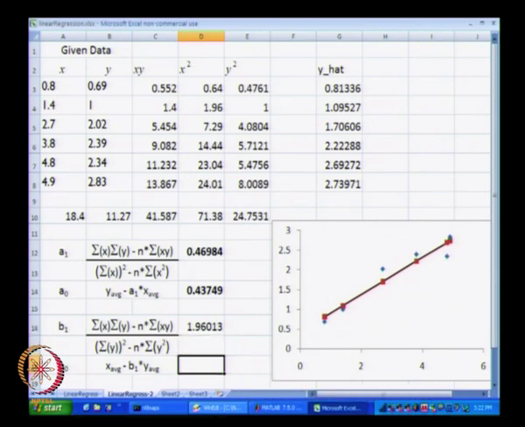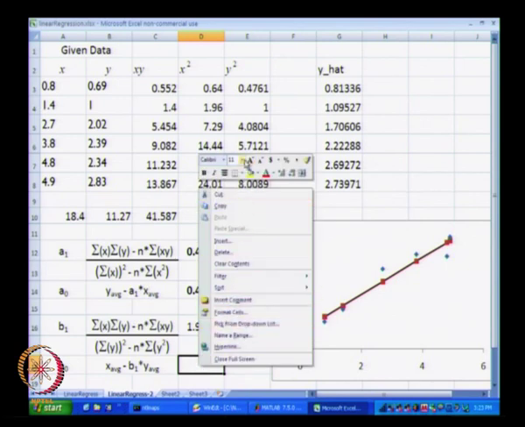And B0 is nothing but x average. I will just change the font size here again because it is not visible.